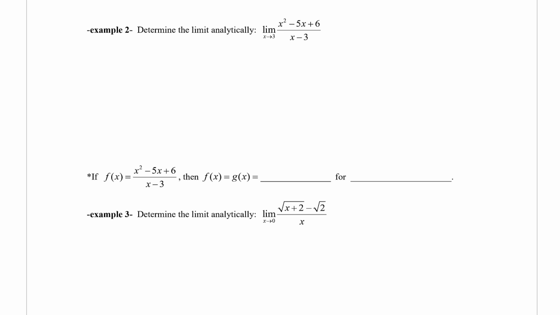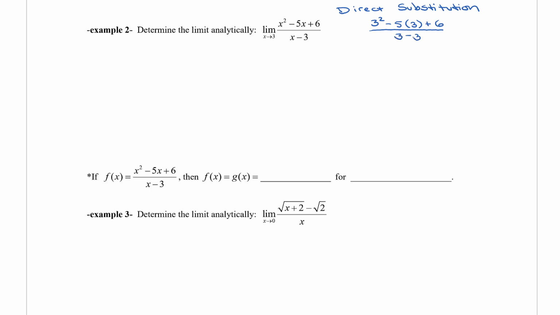Let's begin by using direct substitution. If I try to substitute the value x equal to 3 into this function, let's see what happens. I'm going to get 3 squared minus 5 times 3 plus 6 all over 3 minus 3.